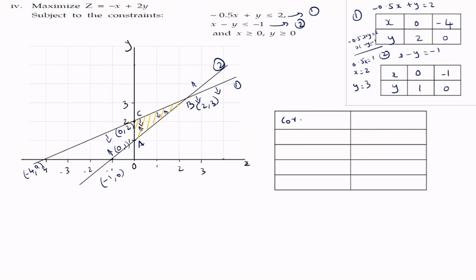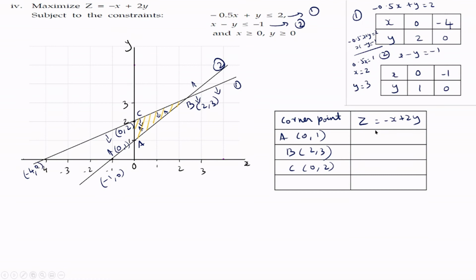Now let us find the value of Z at each of these corner points. Z is minus x plus 2y. So we have A 0, 1, B 2, 3 and C 0, 2.